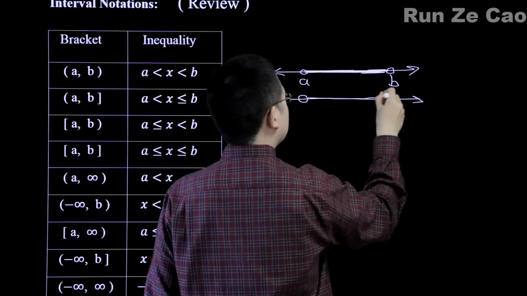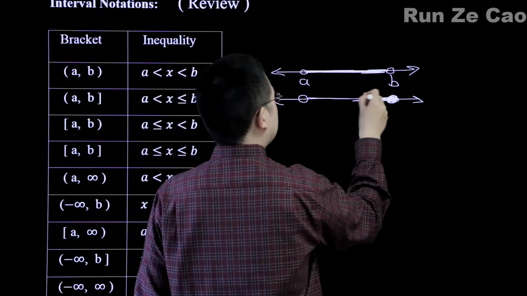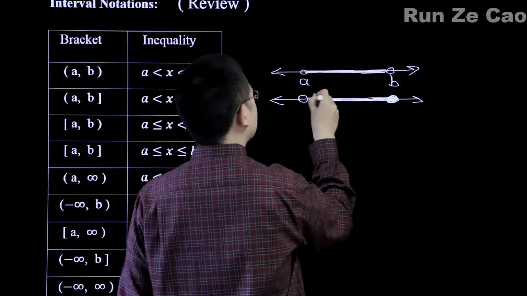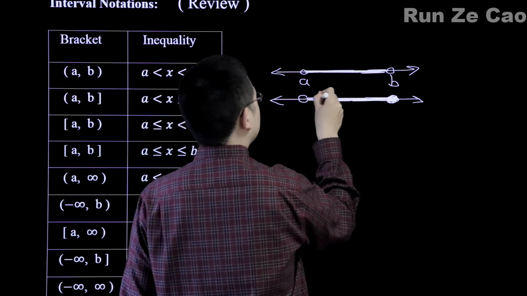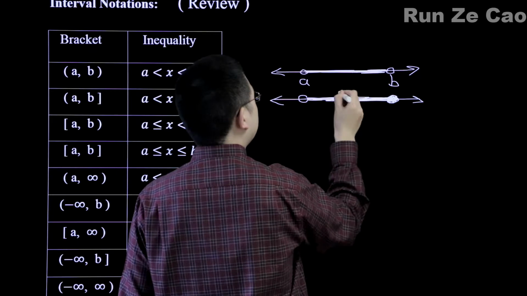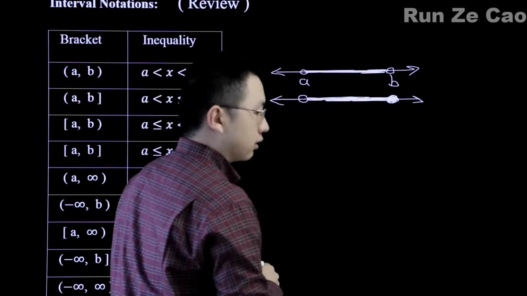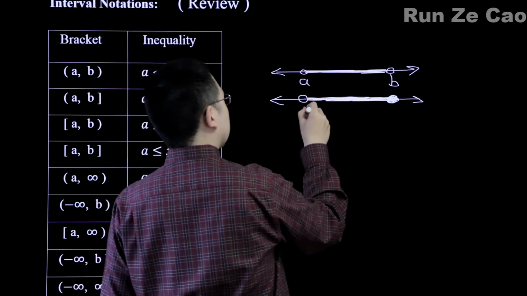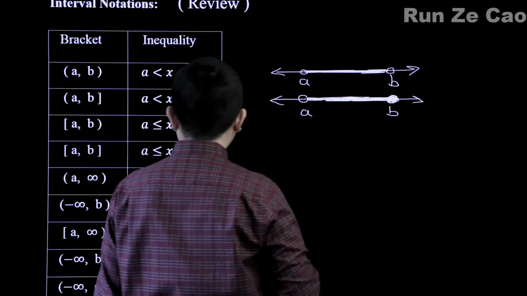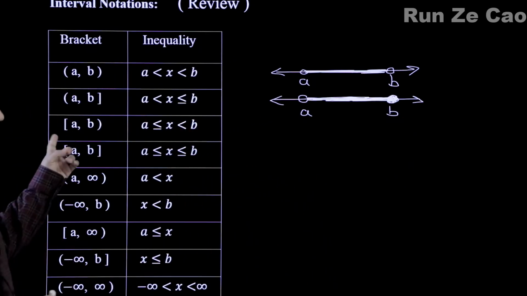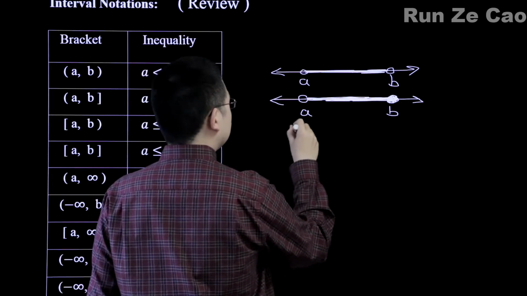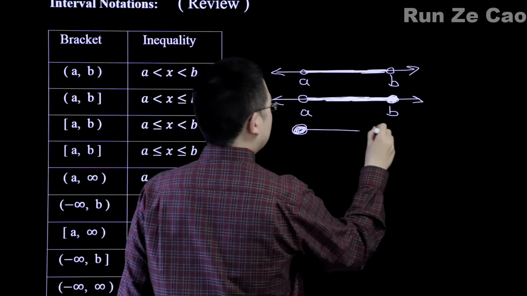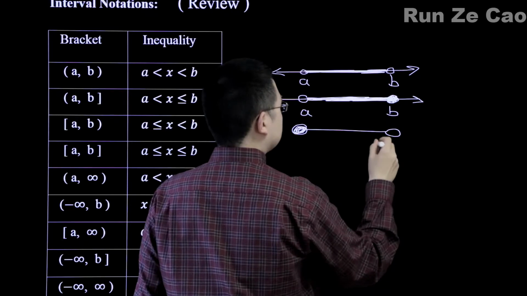A filled-in circle indicates that that particular point is included, whereas a blank circle says that this particular point is not included, but every value up to it is included. So this is A and this is B. And of course, if we have the square bracket on the other side, we would have the filled circle, most predictably, on the other side.